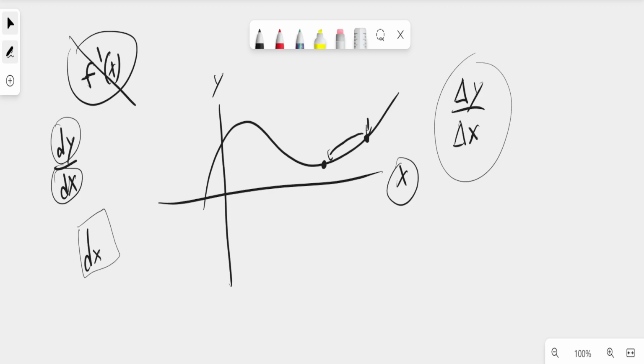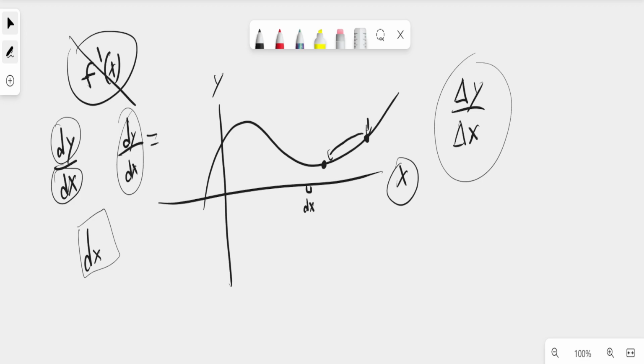You can think of this as a really small value of x. So that would be dx, that really small thing over there. And so what you're doing is you're taking the really small change in y between these 2 points that are getting really, really close together, and the really small change in x, and you're getting a ratio, which is your slope, right?